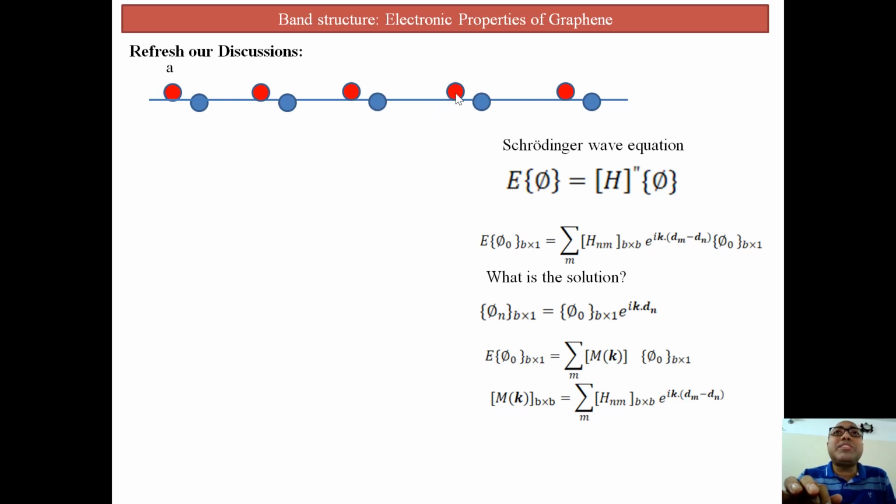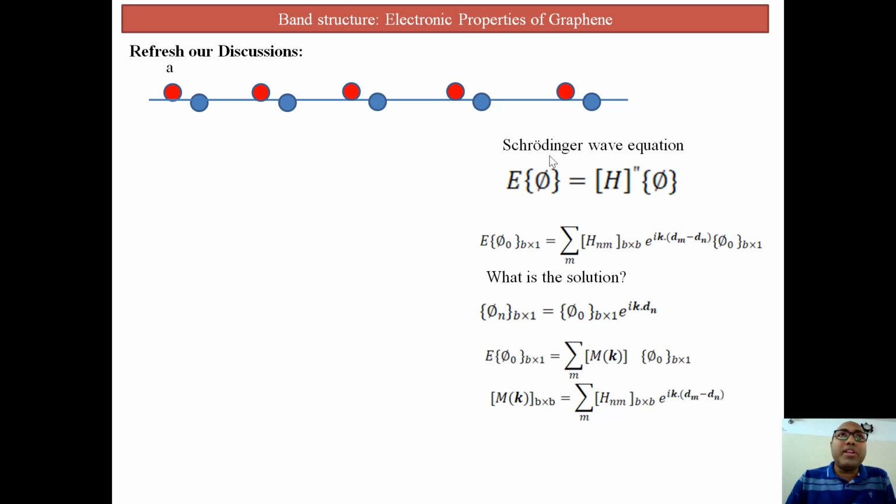But the moment you choose another lattice position, you see that the environment is totally different. This atom sees red here, but that atom sees red far away. So it's not actually a periodic crystal or Bragg crystal, right?